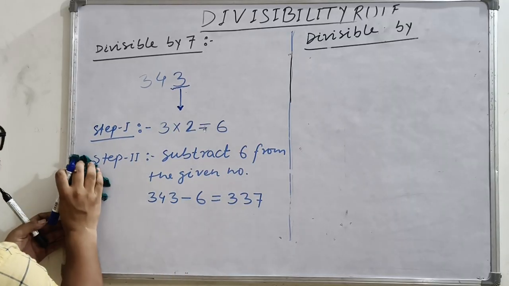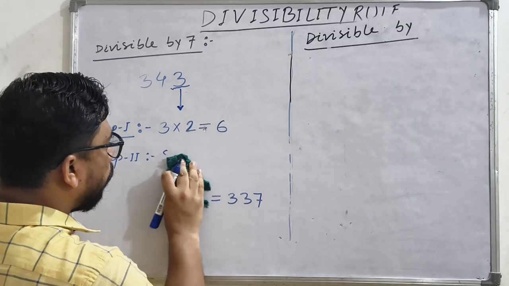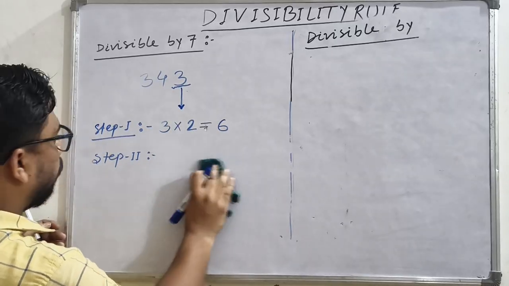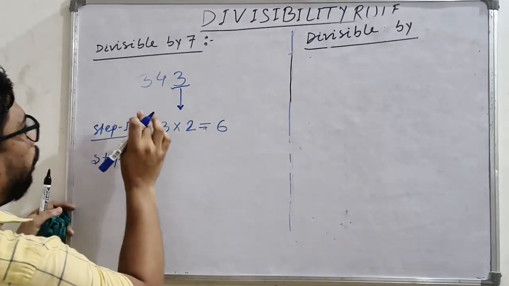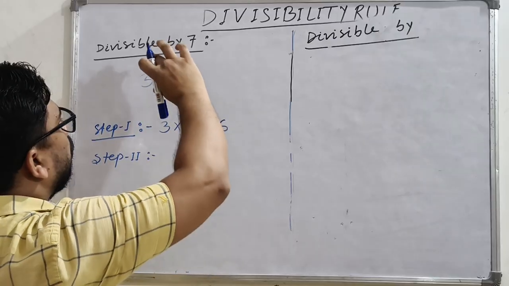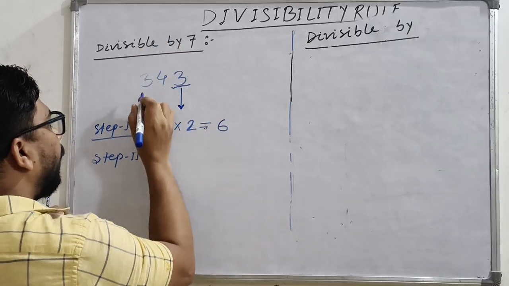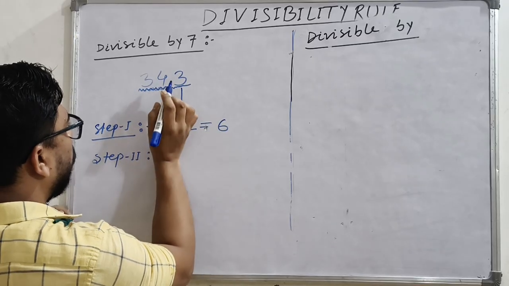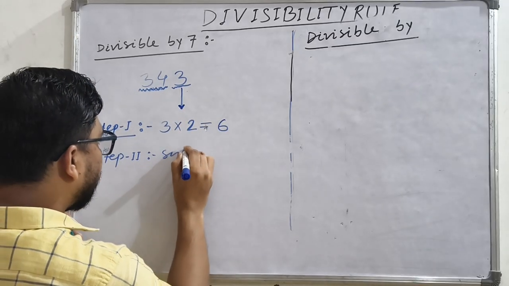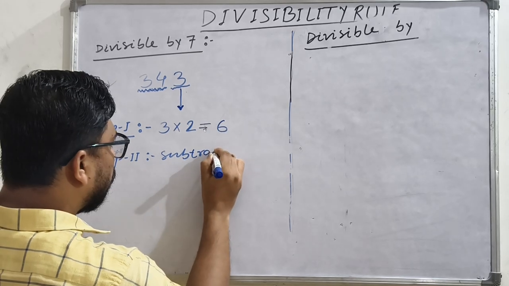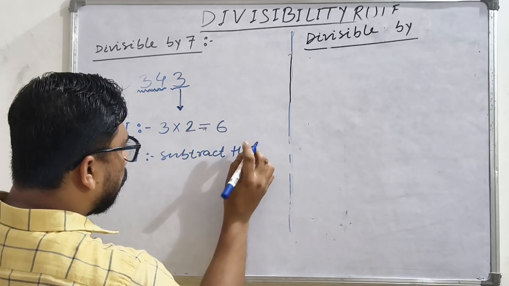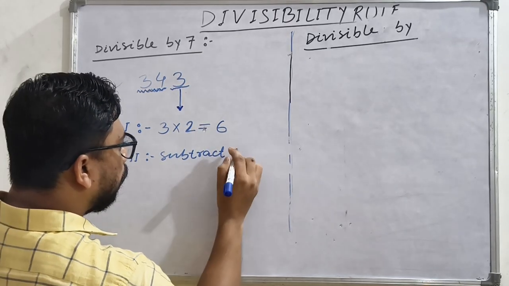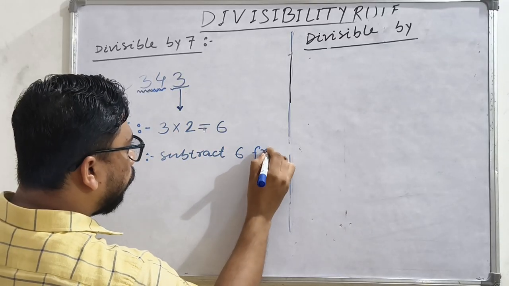Please stop here writing. Subtract 6 from the remaining number, not the given number.